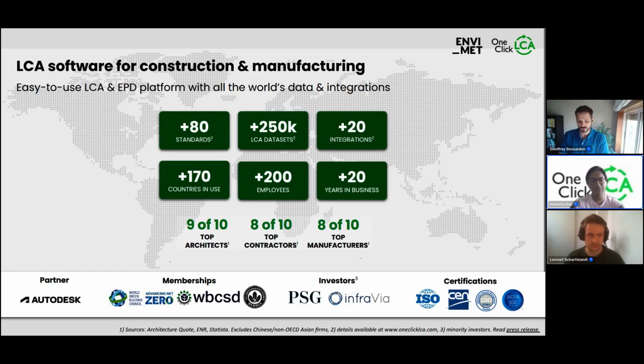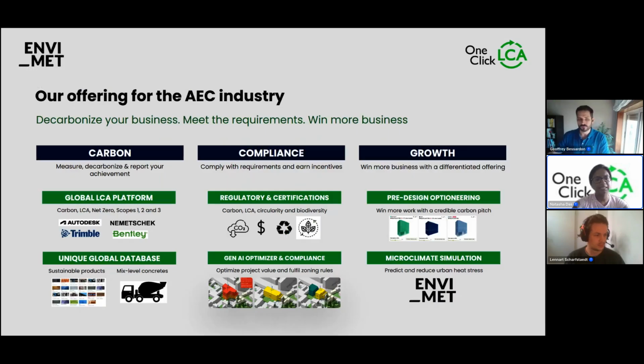Leonard, you can go to the next slide, please. So One Click LCA, we are a global platform. We have integrations with Autodesk, with Trimble, with Bentley. We are also compliant with various regulatory and certification frameworks all across the globe.